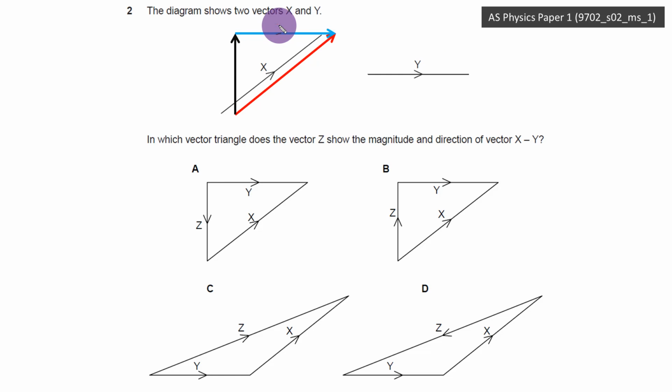And that is exactly what we have done here, in the sense that vector y still points in the same direction, x points in the same direction, and this is z, which is x plus minus y. So this will represent the vector x minus y. So let's look among the choices and see which one represents that. And you can see that the correct answer is B.